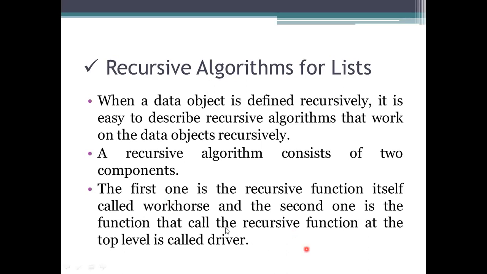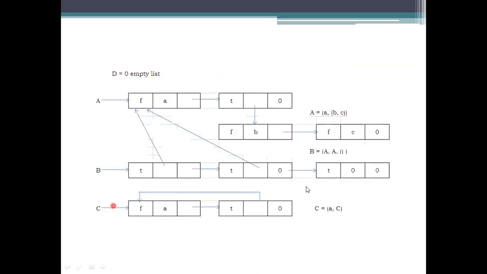driver here. If you see the previous one, this one has called itself. This becomes a workhorse and a driver itself. It is calling the C here. So it is calling the C, means what happens here?